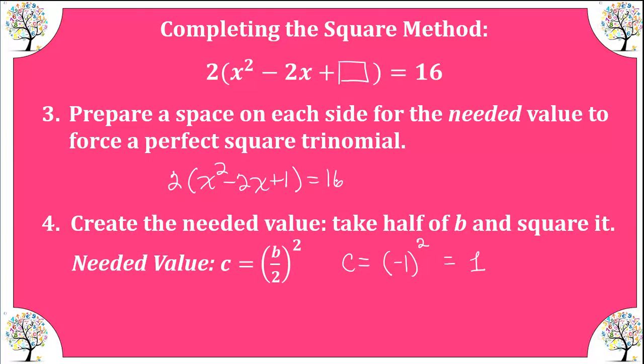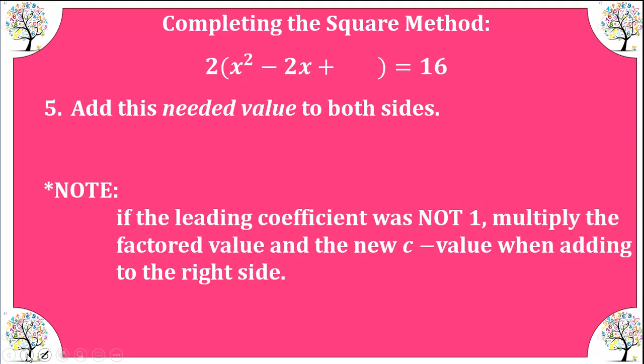Now to keep our equation balanced, whatever value I add on the left, I also must add on the right. And that's where we're going to take a look at step 5. So we had 1 here. So I actually added a value of 2 on the left because this is really 2 times 1.